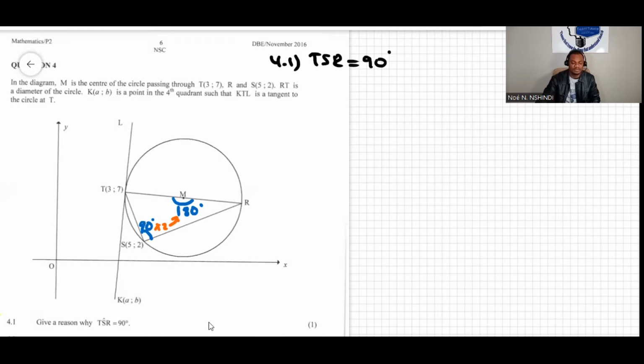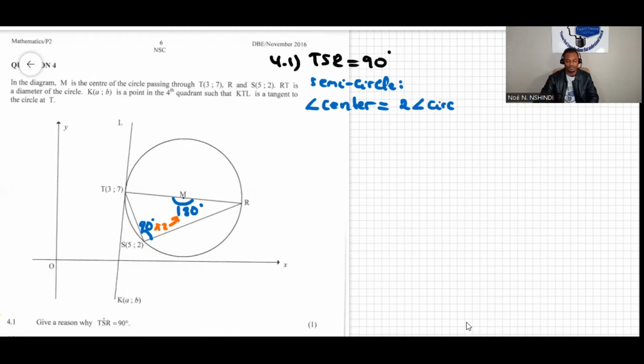So I'm going to say here, in the semicircle, angle at the center equals 2 times angle at the circumference, or angles at the circle.